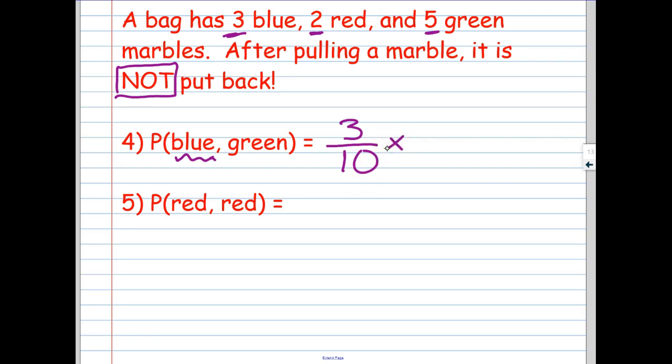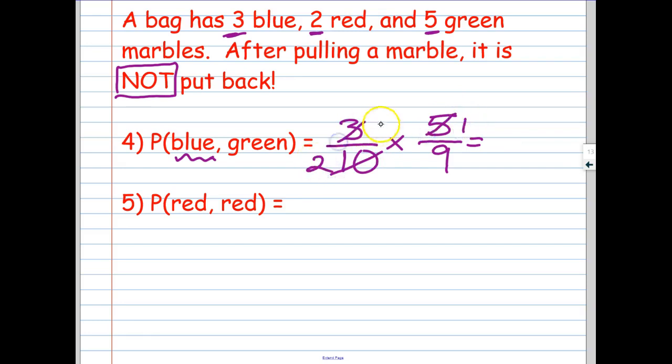Now I have one of the blue marbles in my hand. I'm not putting it back. So now there's not 10 marbles in the bag anymore. Now there are 9 marbles in the bag. And how many of those marbles are green? Well, 5 of them are green. And if I multiply that together, and again, you can do the whole cross-canceling thing, remember?